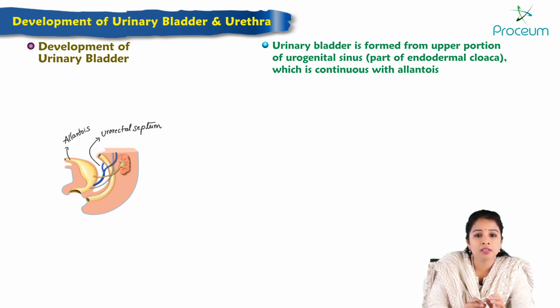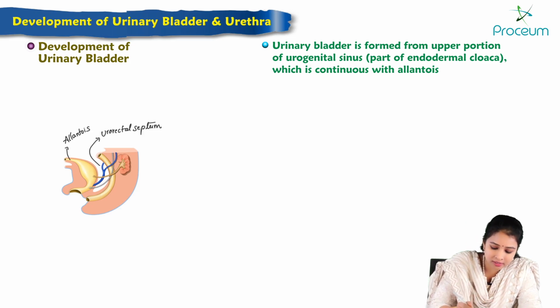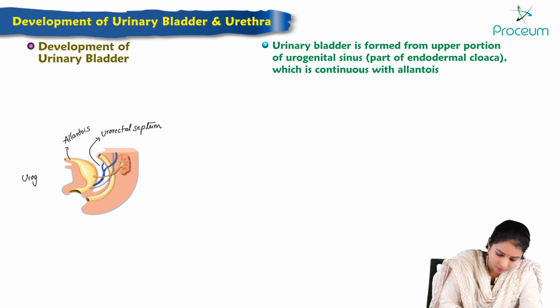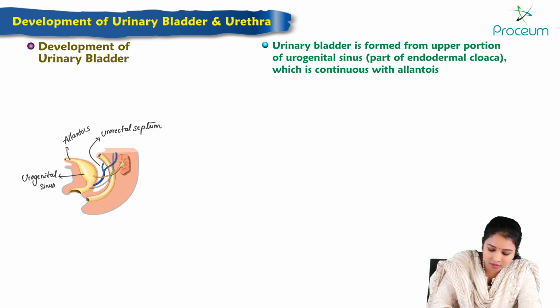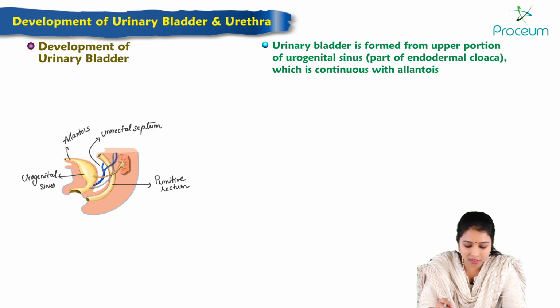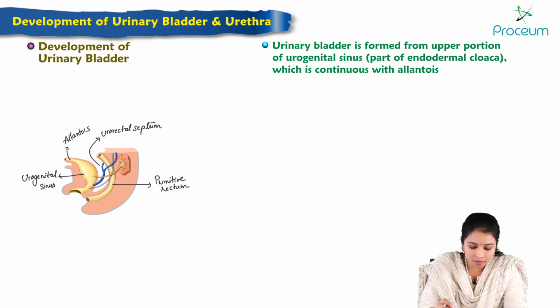Post-allantoic part is the dilated endodermal cloaca, and this post-allantoic part is divided into anterior urogenital sinus, so ventral or the anterior side urogenital sinus, and dorsal primitive rectum. So primitive rectum you might have seen along with the development of hindgut, where we see the rectum and a part of anal canal develops from primitive rectum.